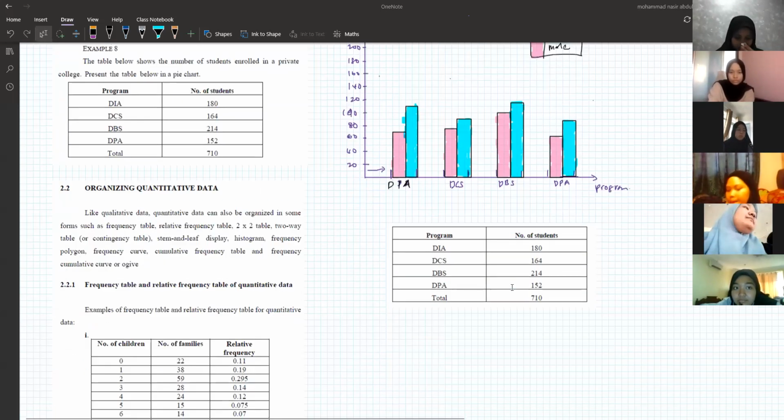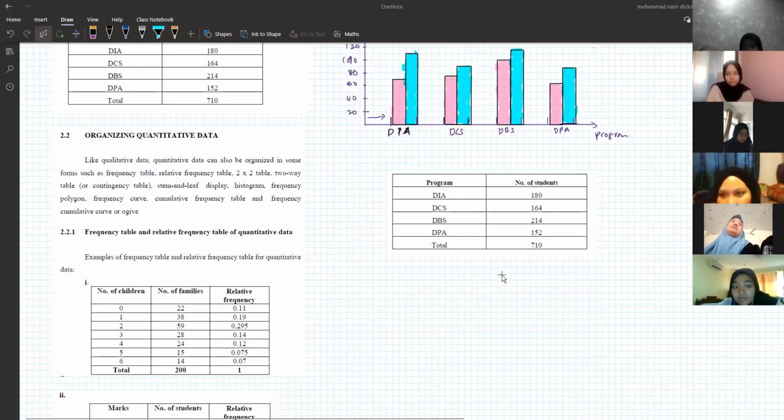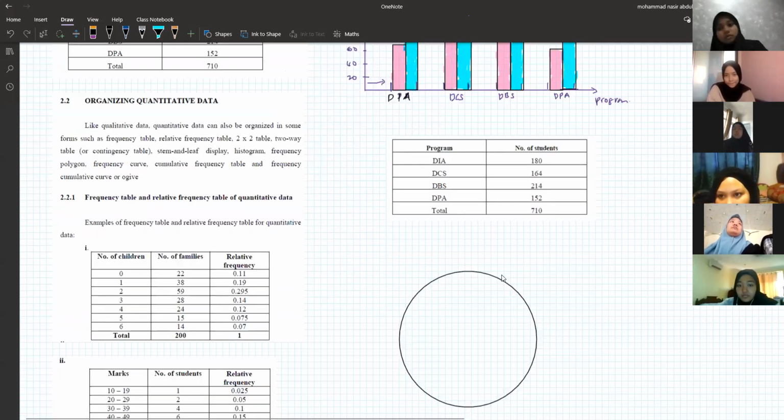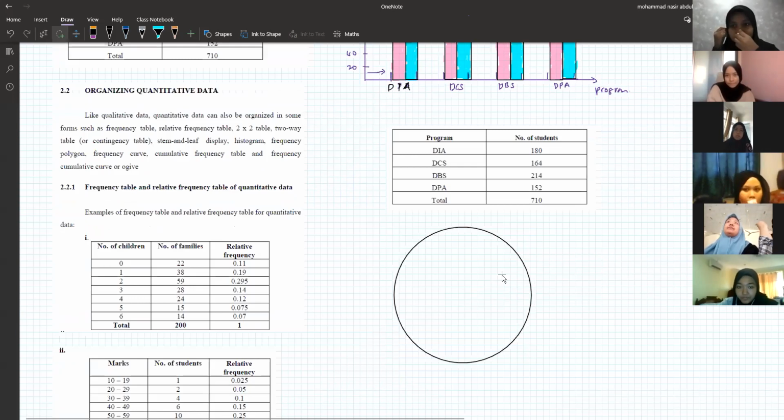Okay, good. You understand? So this is the last chart for qualitative variable. For the pie chart, we're going to have a circle chart. You need to draw the circle carefully. And then in the circle we are going to have a locus point.